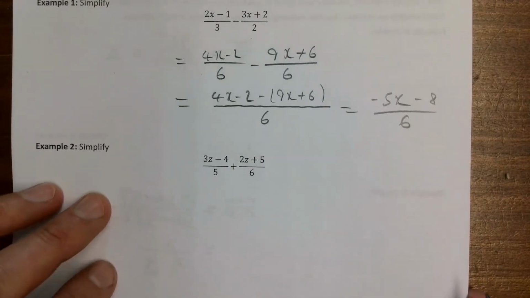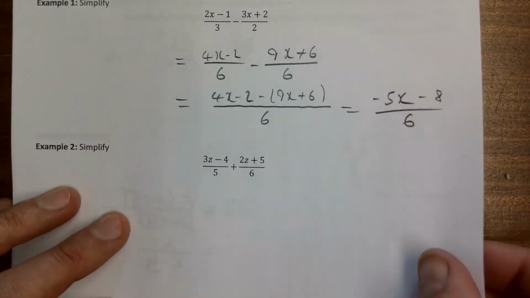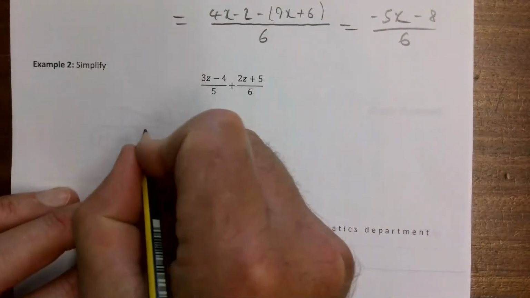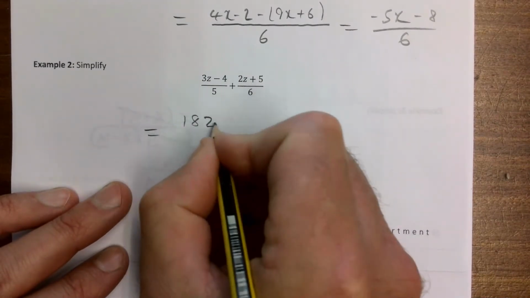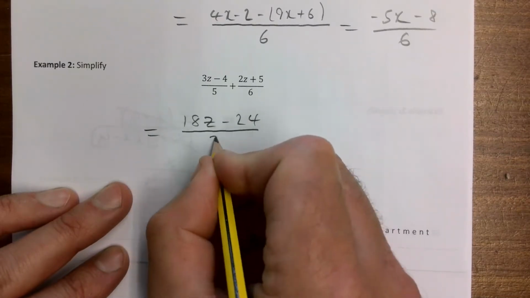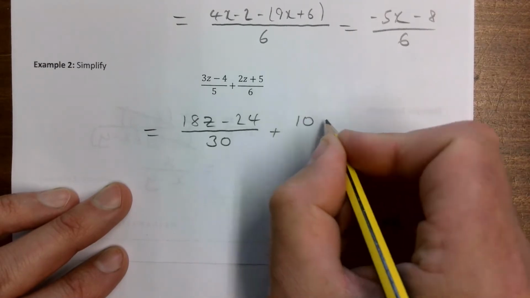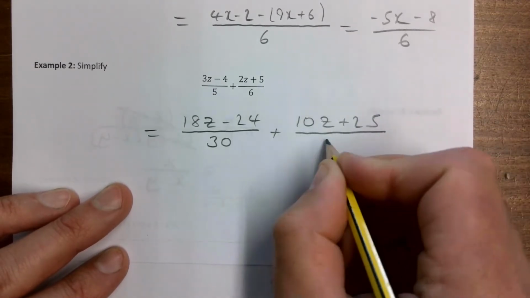Very similar for this next one. However, the denominator is going to be 30. I hope most people have spotted that okay. So you can still see it there okay. Times in top and bottom of this one by 6 is going to be 18z take away 24 all over 30, plus times in top and bottom of this one by 5, 10z plus 25 all over 30.